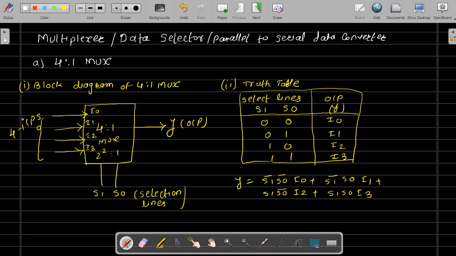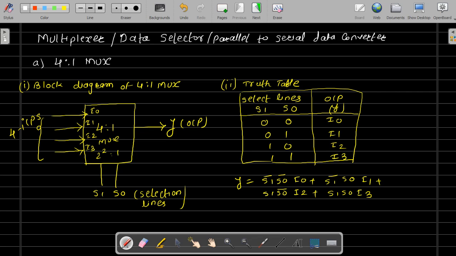As we have seen, the multiplexer is also called a data selector. Why? Because it selects one of several inputs and directs it to the output. Therefore, it is called a data selector. And when you are converting parallel information to serial information, it is also called a parallel to serial data converter.